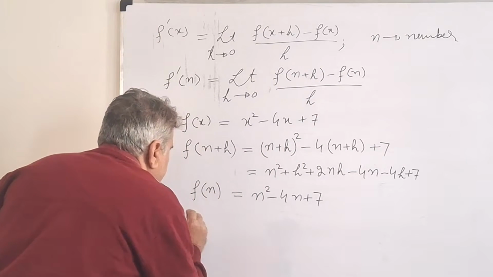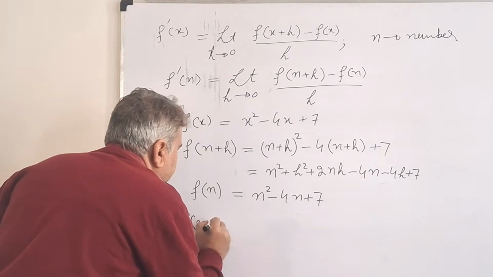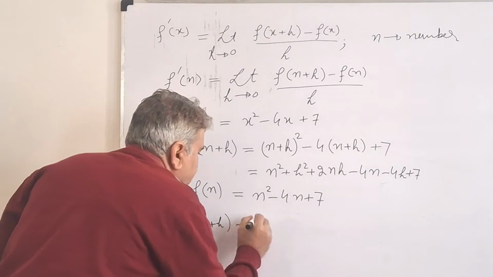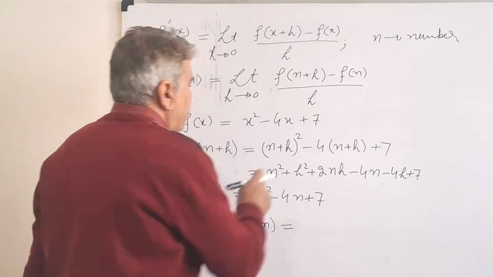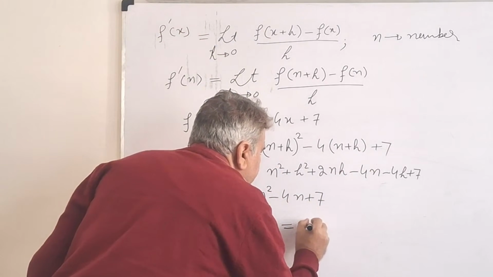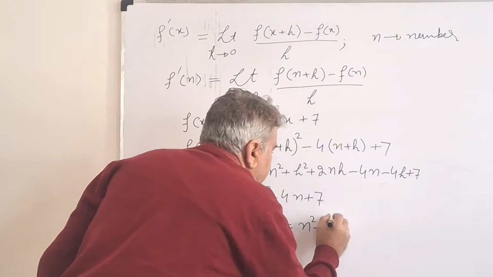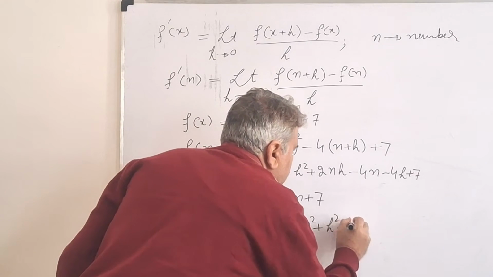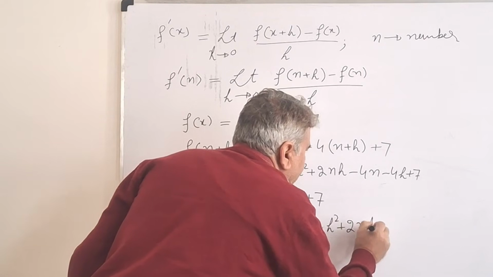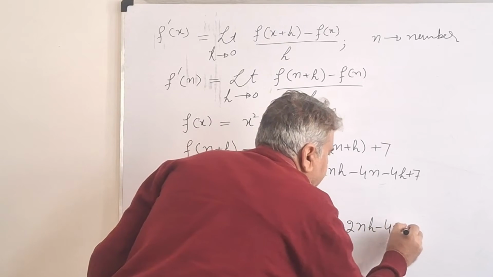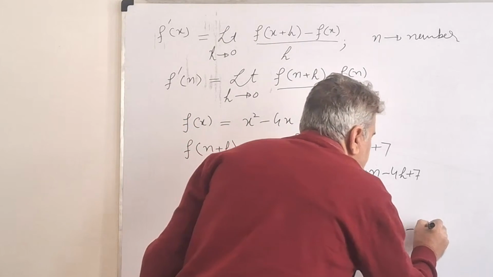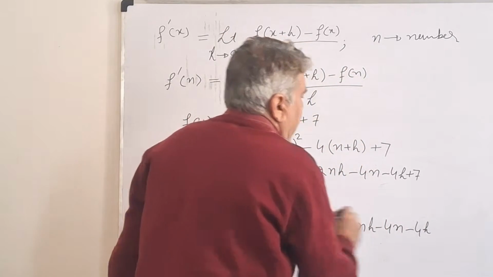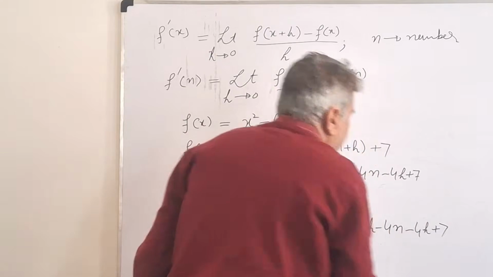So if I subtract this equation from this equation, I'll get the numerator of this expression. So I write f of n plus h minus f of n is in fact equal to this whole thing: n squared plus h squared plus 2 times n times h minus 4 times n minus 4 times h, and then plus 7.